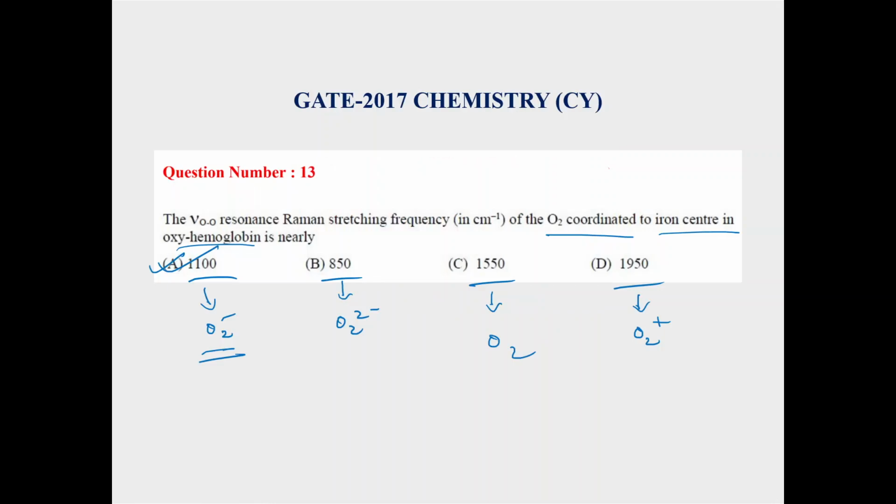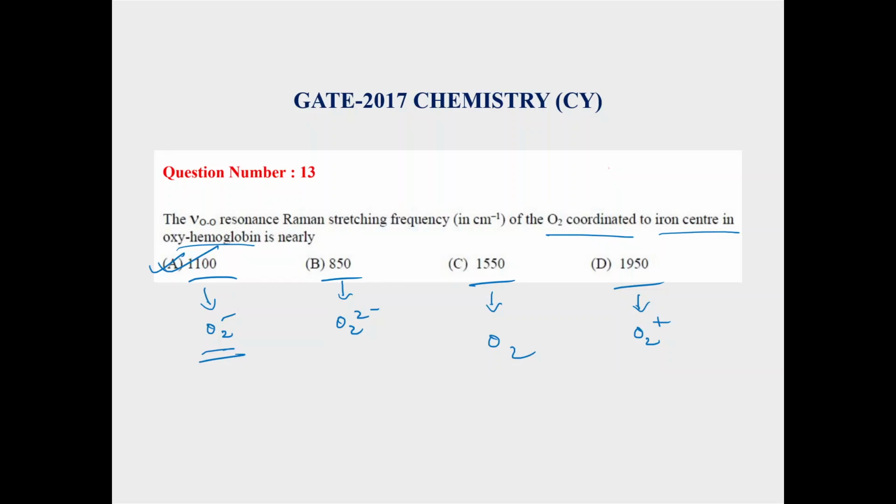So any doubts in this question? This question is basically such that, as I said, for the bioinorganic chemistry part you should know about a few metalloenzymes like hemoglobin, myoglobin, hemerythrin, hemocyanin, then cytochrome P450, and catalase.